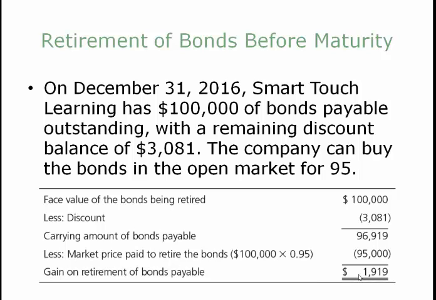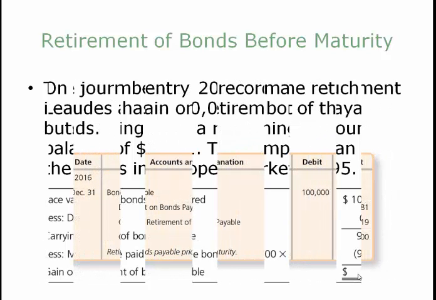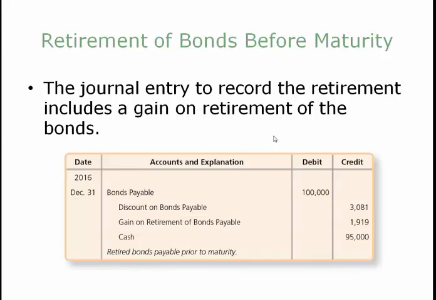The gain's going to end up being a net credit, but I want to show you each step in the process. Okay, the first thing, we retired $100,000 worth of bonds payable. They were on our books for $100,000, so we're going to debit it to cancel that out. You have the discount on bonds payable, which remember was a contra bonds payable account, or had a debit balance. So we want to cancel that out, 3,081.